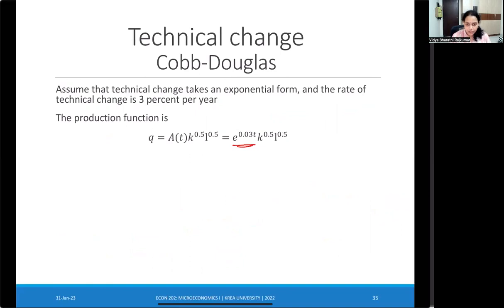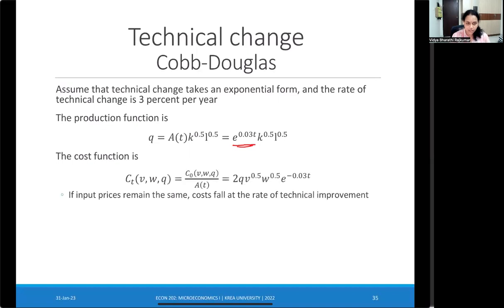Now, let's go ahead and write down the cost function for Cobb-Douglas functions for this particular case. And we know from the previous slide that the cost in time t of producing Q units of output will be the cost of producing Q in time 0 divided by A of t. So this part is just your cost of producing Q units in time 0.